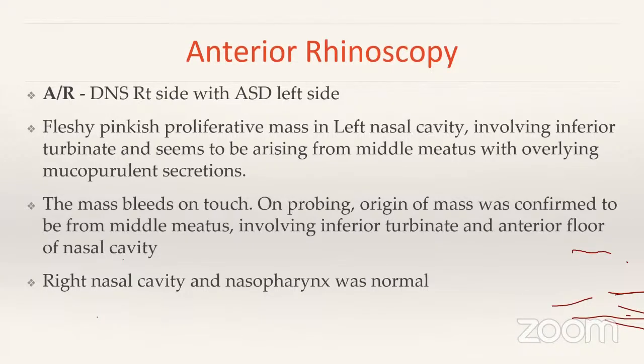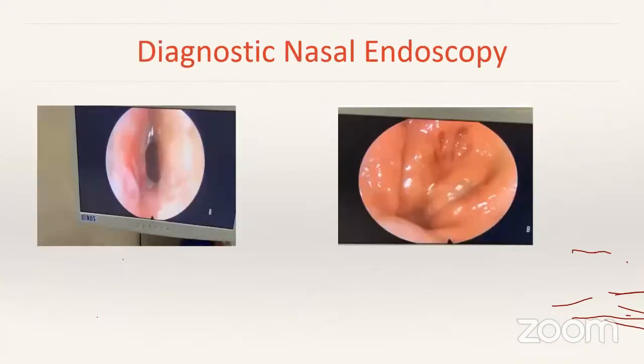The mass bleeds on touch. And on probing, the origin is confirmed to be arising from the middle meatus, involving the inferior turbinate and anterior floor of the nasal cavity. Right nasal cavity and nasopharynx appear normal, sir. Next, sir, I will show the diagnostic nasal endoscopy.